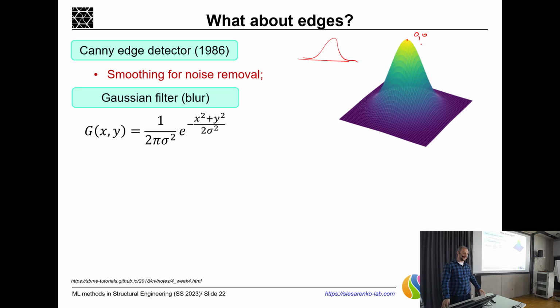So what particular factor in this equation defines how fast the drop is? Yeah, standard deviation, the variance, the sigma, it's important. If sigma is very big, you will have a very smooth transition. If sigma is very small, you basically have almost a peak or almost a delta function.